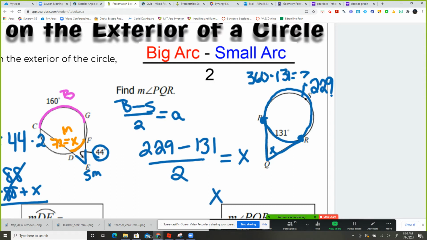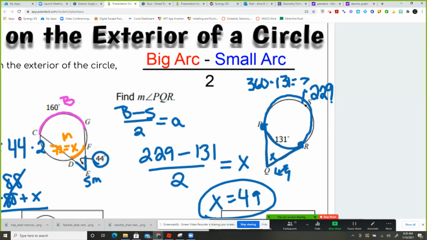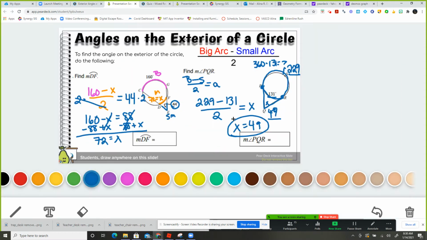So x equals 49. And you can check that for reasonableness. As you go from the outside to the inside, they should get smaller. So 229 and then 131 and then 49. Questions on that? I know that was fast.